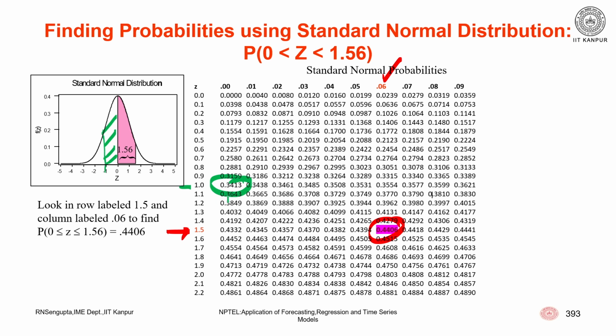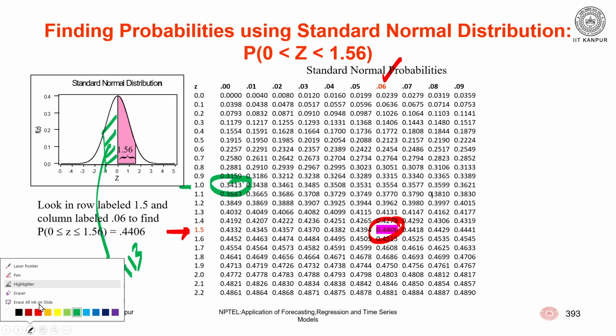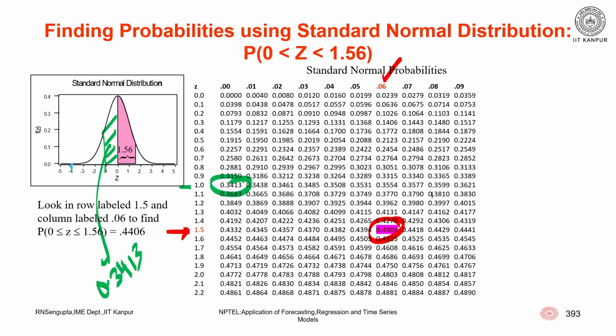So the area on the left of 0 till -1 is also 0.3413. And obviously, if I consider the total area, it is 0.5 to the left of 0, which is the mean value, and also 0.5 to the right of 0. If you consider that, you can utilize this to calculate the values accordingly.